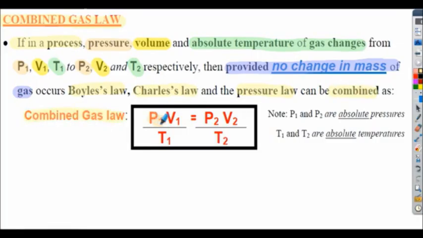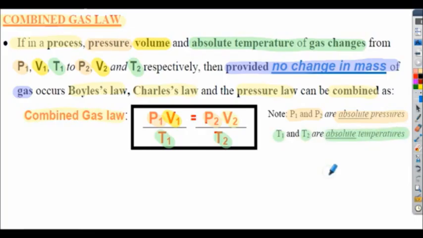So now we have P1 V1 divided by T1 is equal to P2 V2 divided by T2. And as always, the pressures are absolute and the temperatures are absolute in Kelvin.